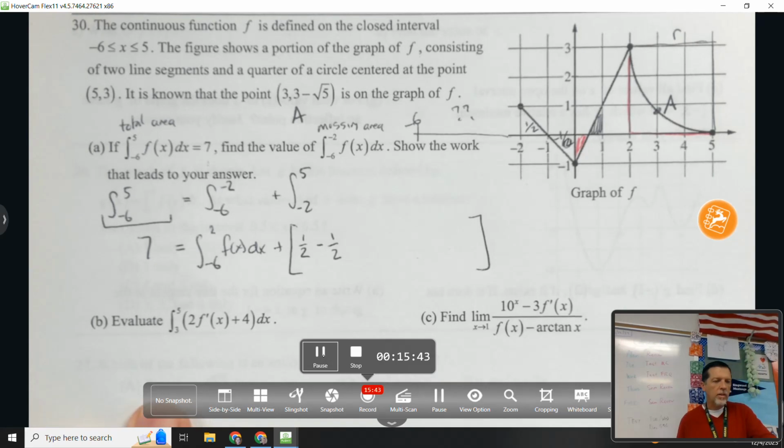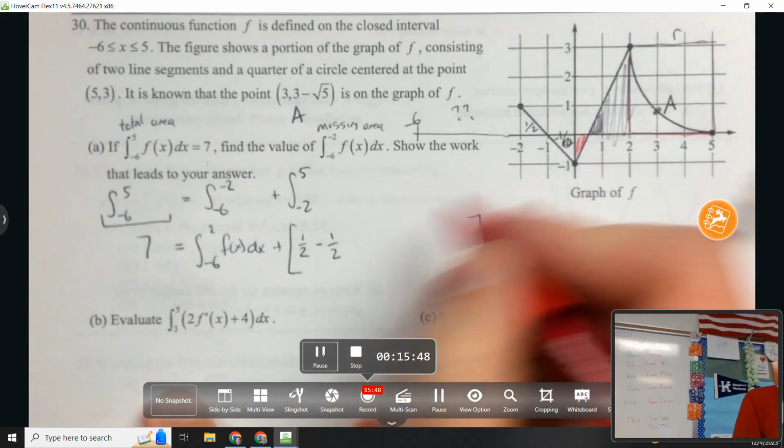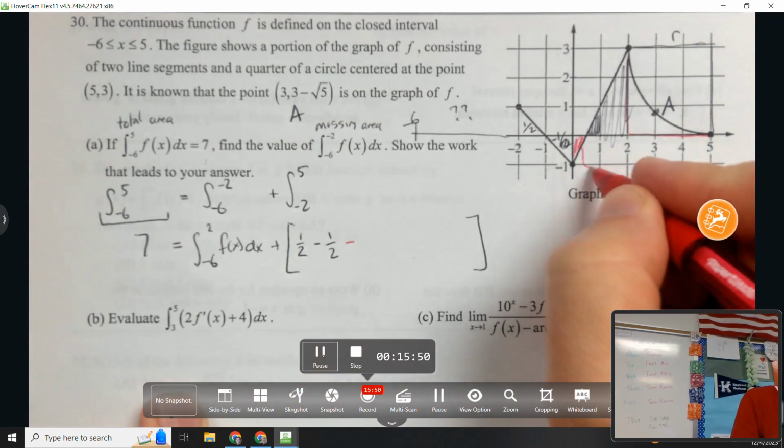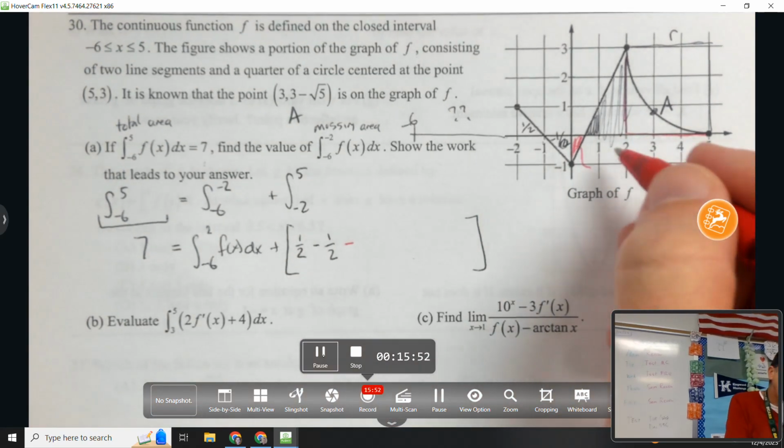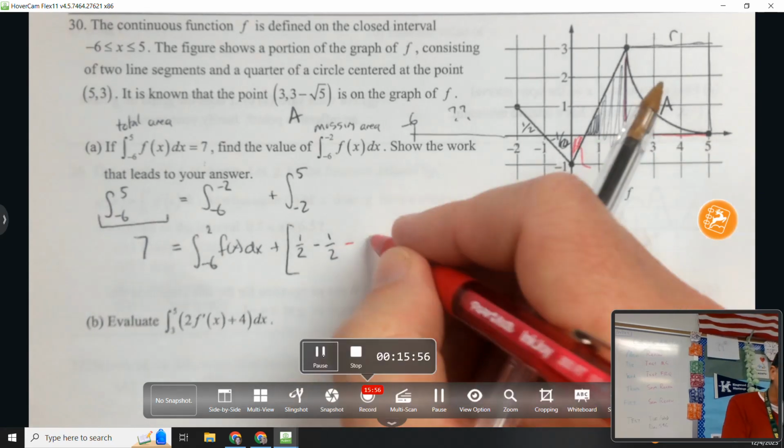Let's see, how do we want to break this up here? Minus, this would be, let's see, 1/2 base times height. That would be a 4th, so minus a 4th.